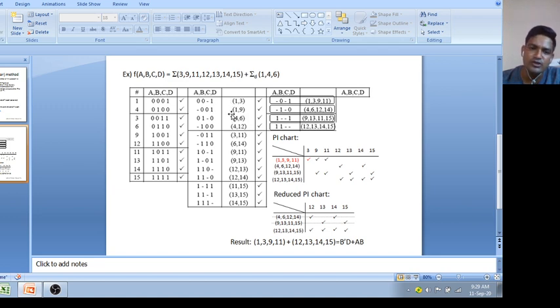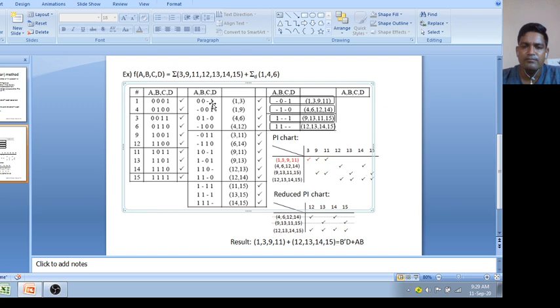Again compare this group with this group, and this group with this group. Now in this case you have to remember the first condition: the dash must be in the same position, and only then can you compare. Now we are comparing 1 3 and 3 11, not possible because the dash is not in the same position. 6 14 not possible. 1 3 and 9 11 is possible because the dash is in the same position and only one variable is changing.